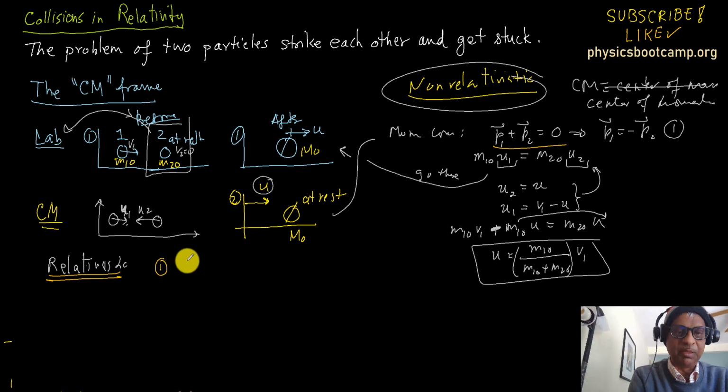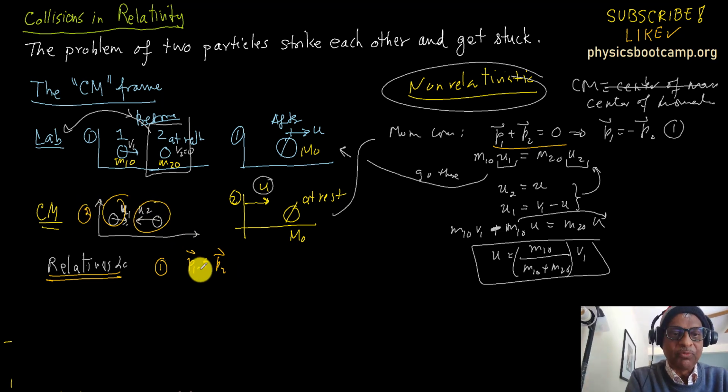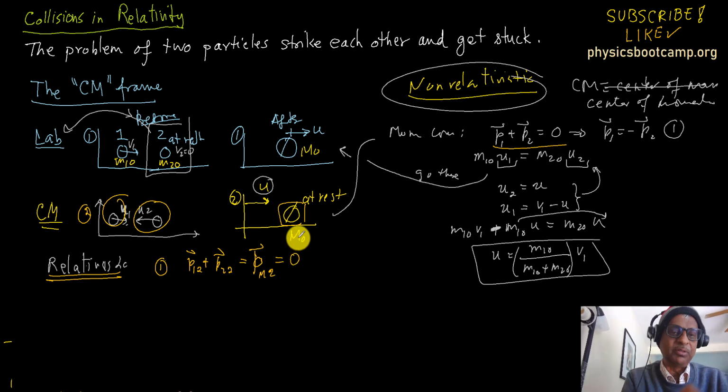One equation will be P1 plus P2 in frame 2 equal to the momentum of the big mass in frame 2, which is 0.